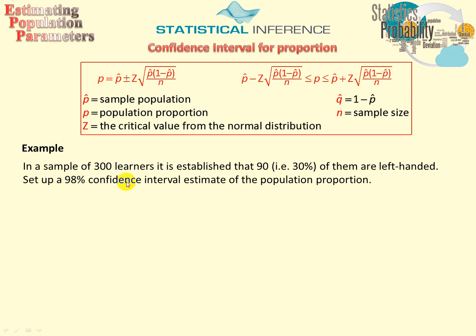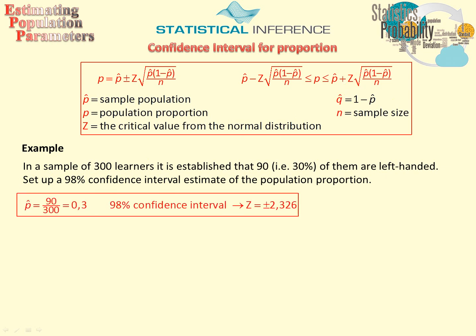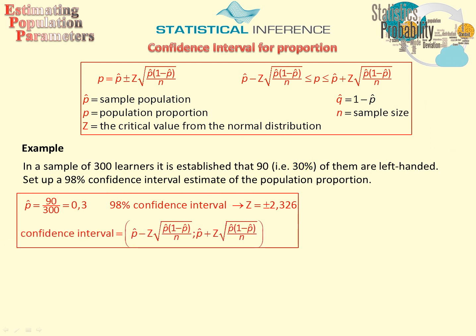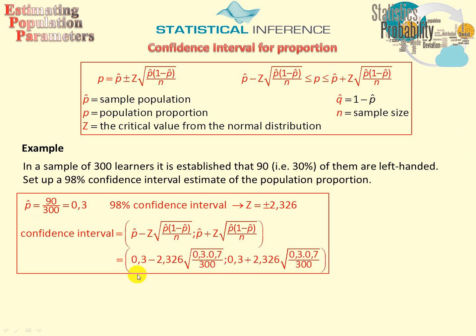98% confidence interval, so we will actually now look up the Z-score for 98%. There it is there. P hat 0.3 is the proportion. So therefore, knowing that's the case, we're going to apply the formula.